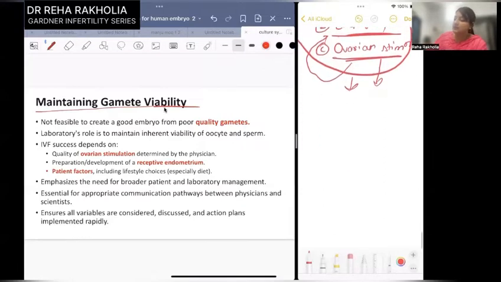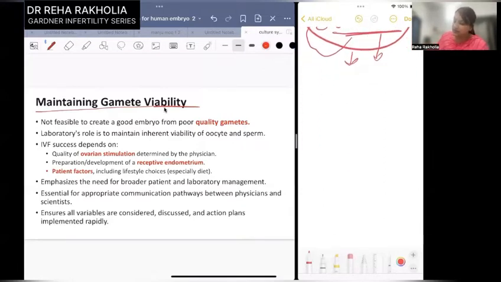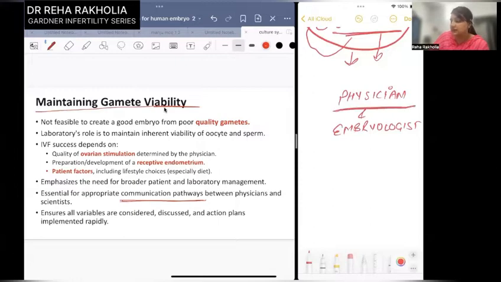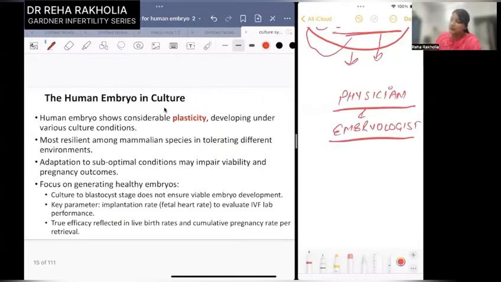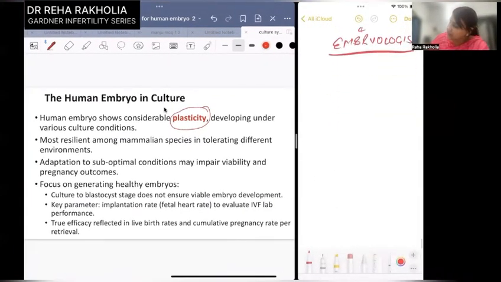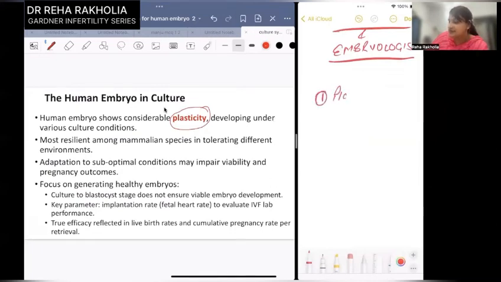Then we need to have communication. See, a communicative pathway for gamete viability. What does communicative pathway mean? There should be communication between physician and embryologist. Okay. Then human embryos in culture show plasticity.